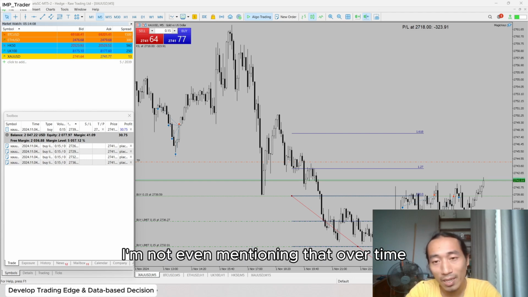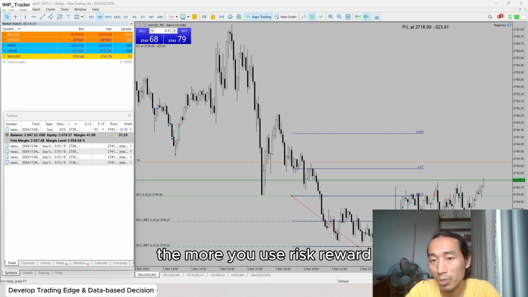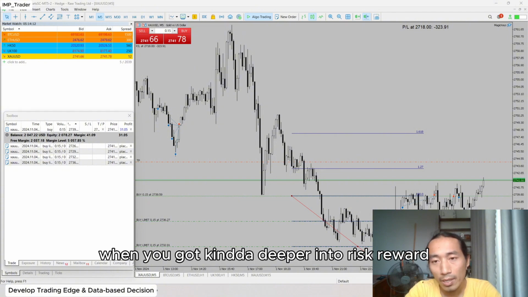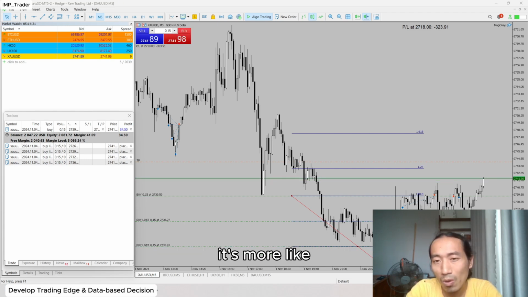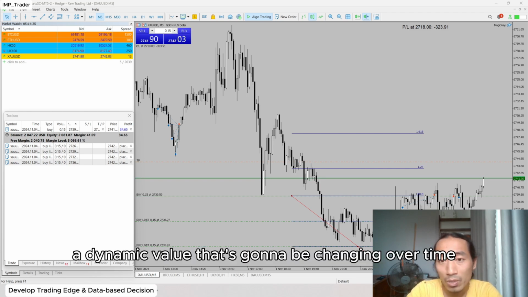I'm not even mentioning that the deeper you get into risk reward, you need to understand that risk reward is not a fixed thing. It's more like a dynamic value that changes over time.